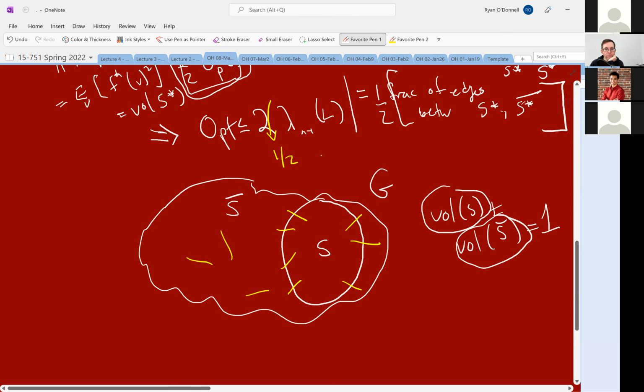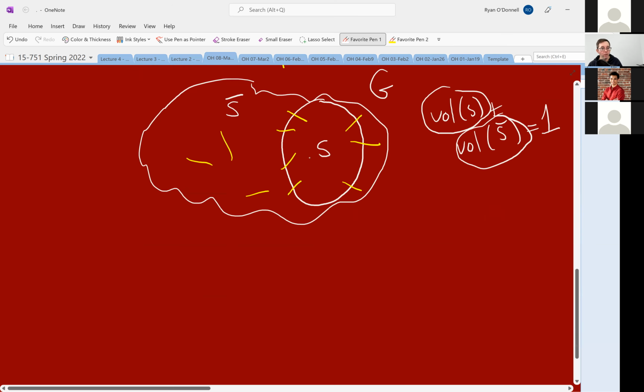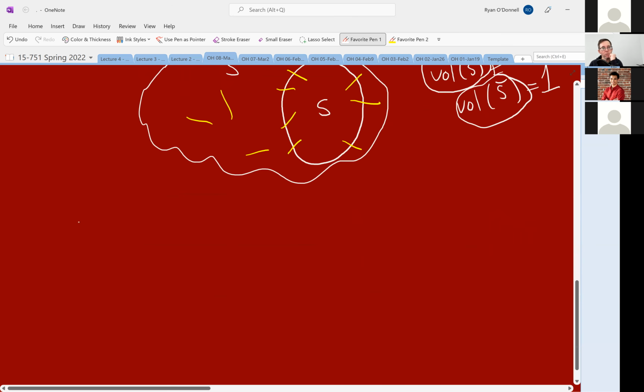So could we consider functions that, instead of just taking on values 1 and 0, take on values of -1 and 1? Yeah, you could do that. Instead of the indicator of S, it's 2 times the indicator of S minus 1. I see what you mean.